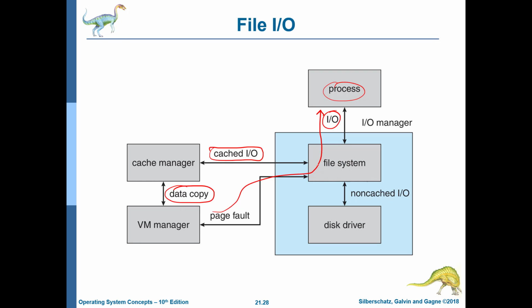Otherwise, if the data is not cached, which means that there is nothing in memory, then of course we have to go to disk or whatever storage device is hosting the file system. It could be a disk or could be a flash drive, doesn't matter. We'll read the data from there and send it back to the process.